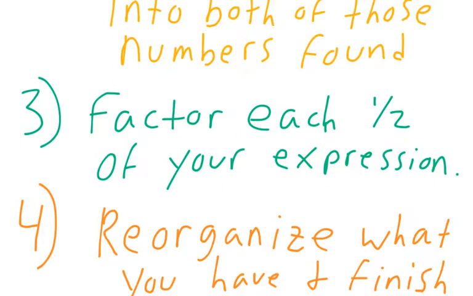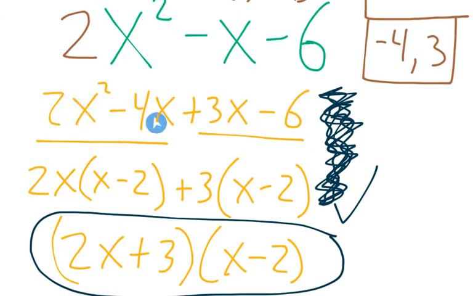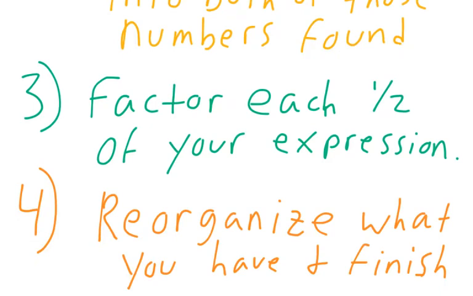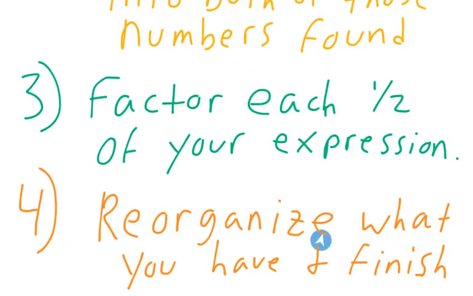On the last one I had four terms: I factored the first two, then the second two. Once you've factored both sides, you should have the same factor on both sides. Then reorganize: I pulled out the x minus 2's, and 2x plus 3 was left. That's step 4, and then I'm finished.